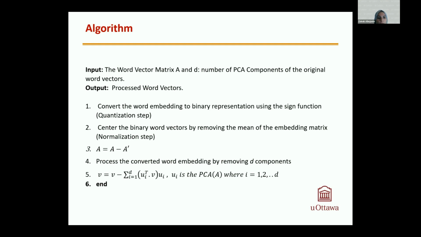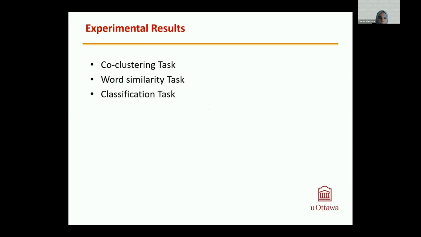We also apply a normalization step, and then we apply the post-processing, removing the common top components. In the original algorithm, they suggested removing the first 7 components. And at the end, we get the post-processed word embeddings.